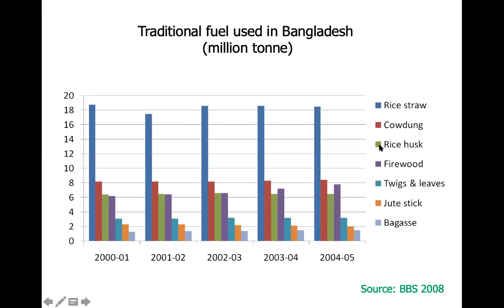Rice husk is in third position. Firewood, obviously, in the village, all over the world, different kinds of firewood are used as traditional fuel. Twigs and leaves of plants or trees are also another source.